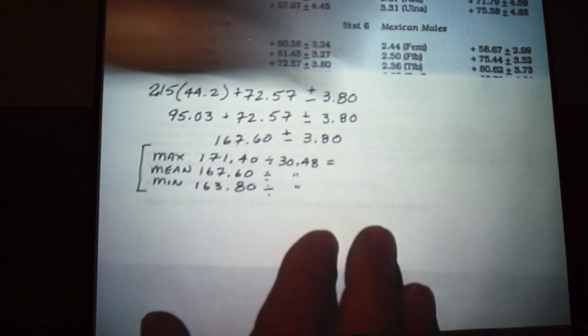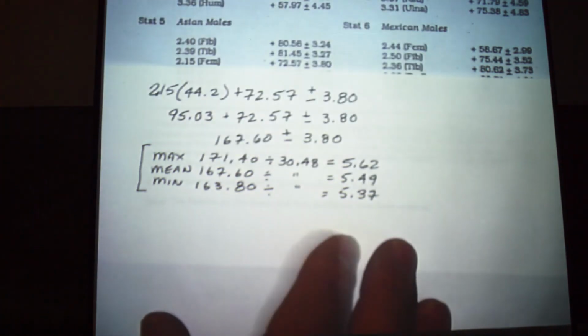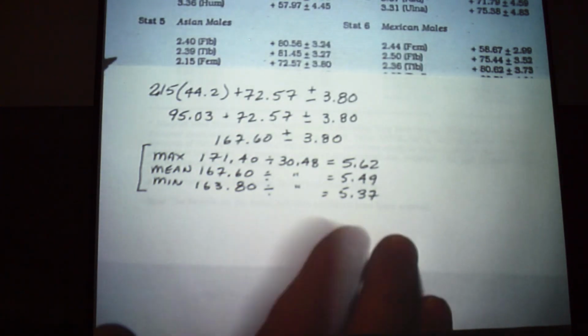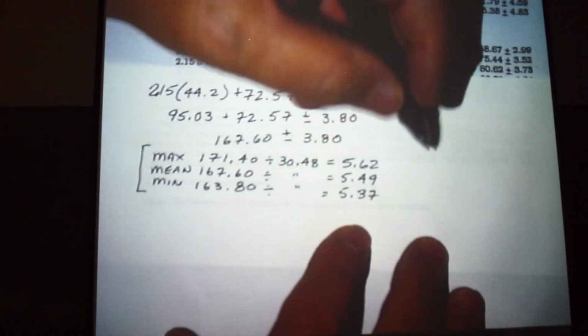In this case, you're going to get 5.62, 5.49, and 5.37. What you're doing is you're converting from a base 10 to a base 12. Very, very interesting conversion. But 30.48 seems to do fairly well and keep it within a possible range.